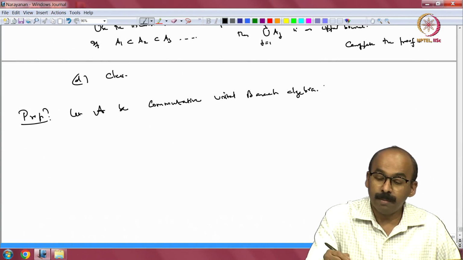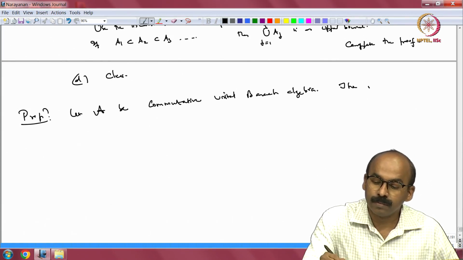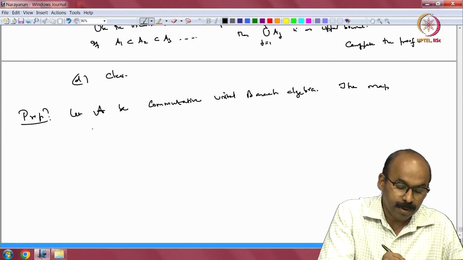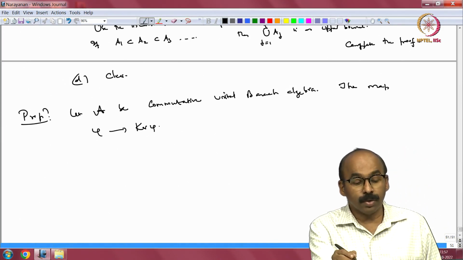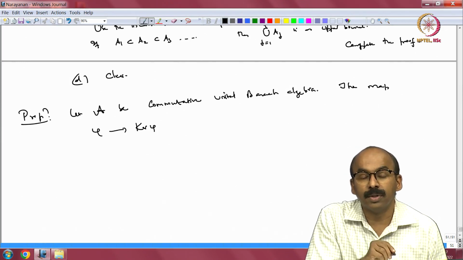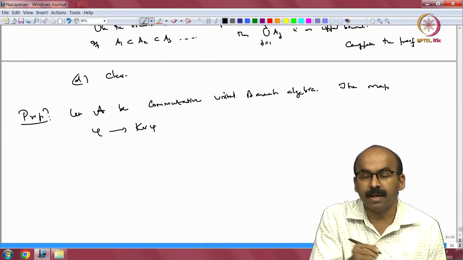Okay. The map phi going to kernel of phi. So, kernel of phi is all those elements in A that are mapped to 0, right. Phi is a linear functional.